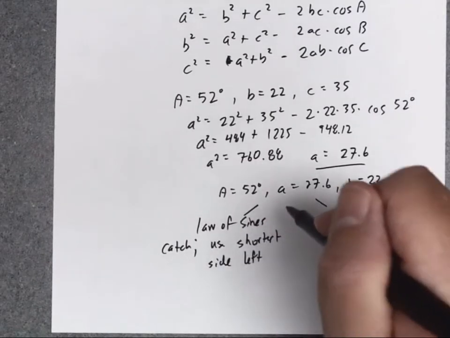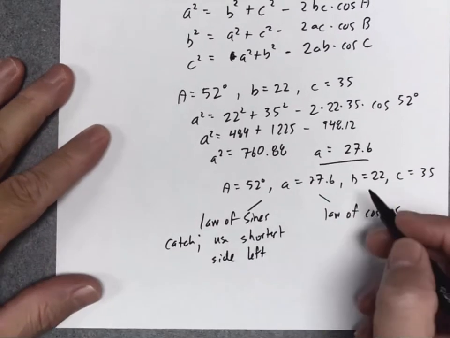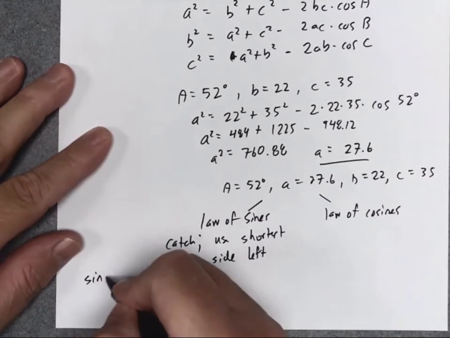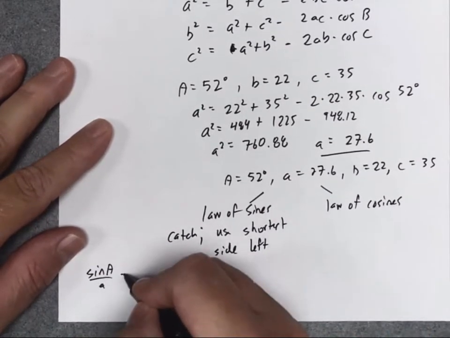So yes, at this point you can make your math easier by using law of sines, but you have to remember the rule. The next step, you have to use the shorter side. So let's do that. I'm going to do sine of A over little a.